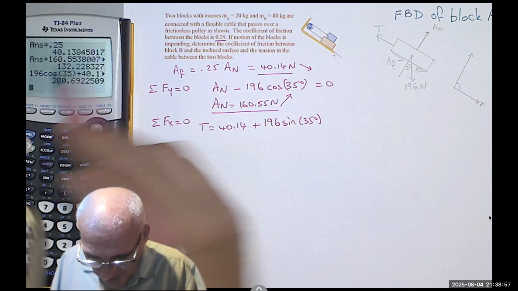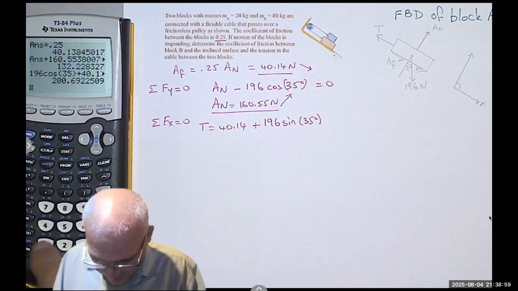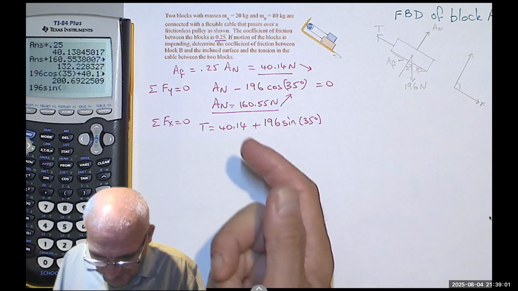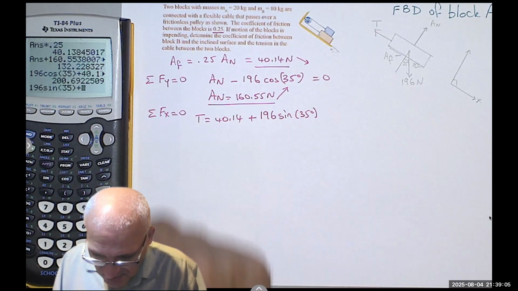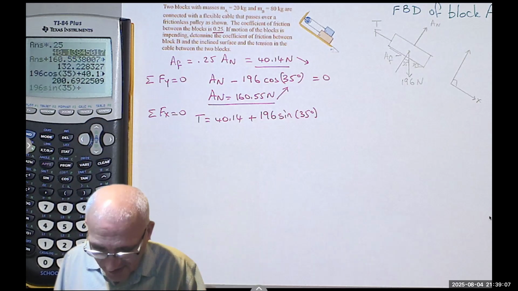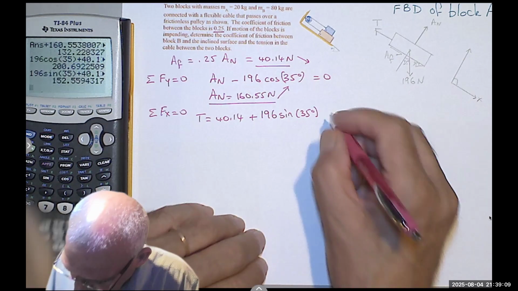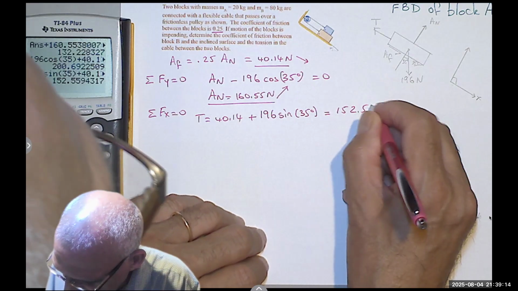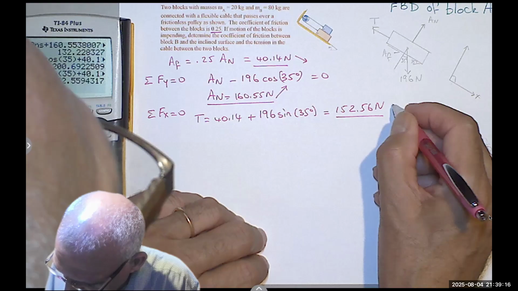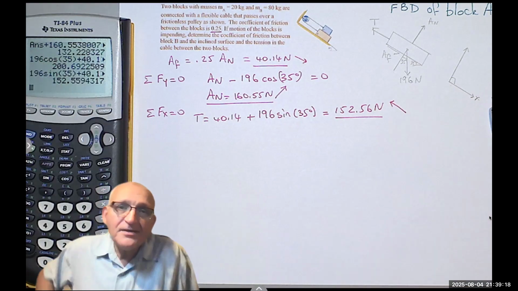What's going on? 196. I said sine and I typed cosine. Wow. Sorry, guys. Seems it's too late. Okay, so the tension equals 152.56 Newton going in that direction.